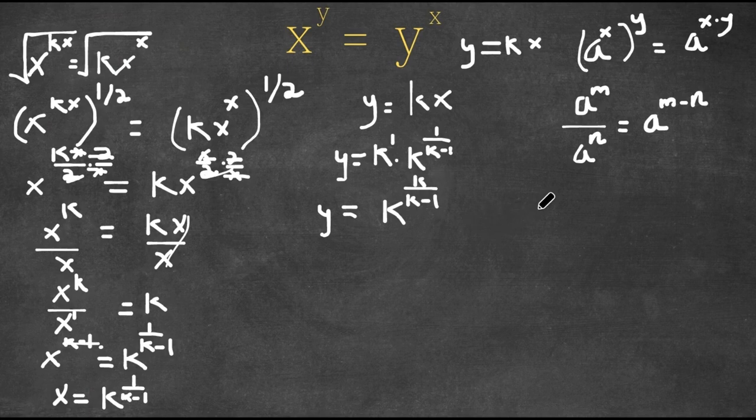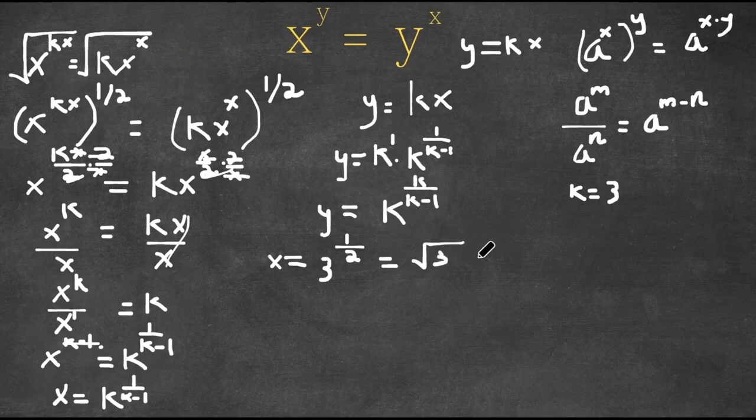So now, let's say that k is equal to 3. Because it's a constant, we could set it to whatever we want. Then x would equal, replacing k with 3, 3 to the power of 1 over 3 minus 1, which is 2, and 3 to the power of 1/2 is the same thing as the square root of 3.